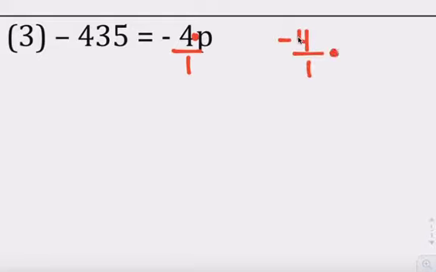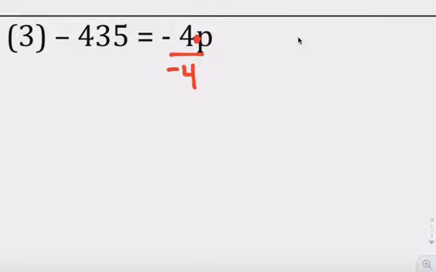By multiplying by its reciprocal, 1 over 4, which is dividing. So the best way to look at this is divide. Opposite of multiply by 4 is divide by negative 4.